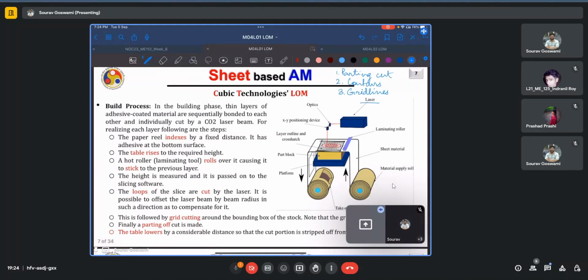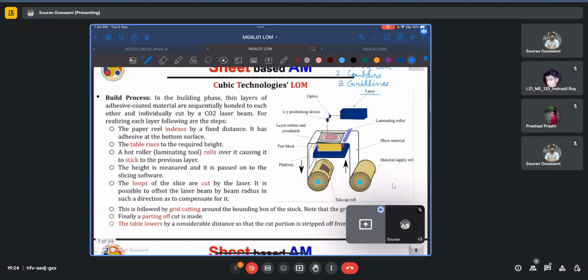This is connected to an XY pointing device. And we see that for the case of LOM, we have two rolls of paper. First is the material supply roll, which supplies the material in each pass. Second, we have a take-up roll, which takes up the remaining material after the parting cut is made. So we see that here, after the parting cut, this area remains hollow.